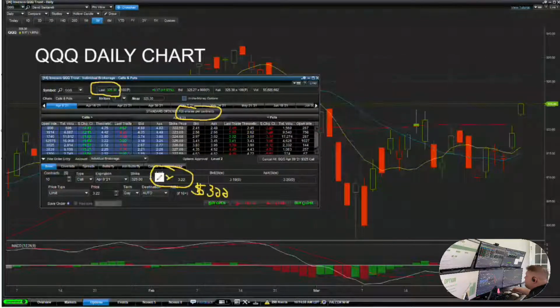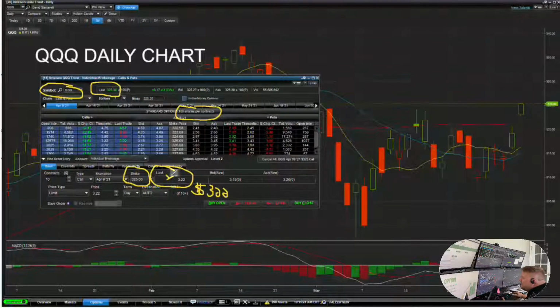Now, watch this. What is our break even on this option contract right here? Everyone always asks me. So, if you guys are new to options and you're saying, I don't understand what any of this means, take a look right now. All this means is you have the right but not the obligation to buy Qs shares at $325 a share, right? For that option, you're going to pay $3.22.